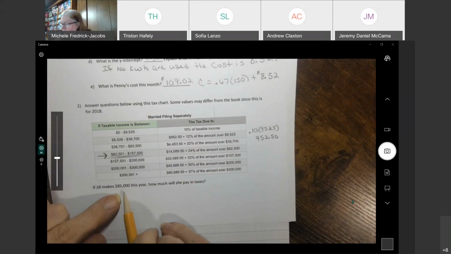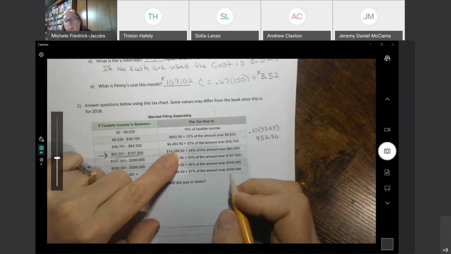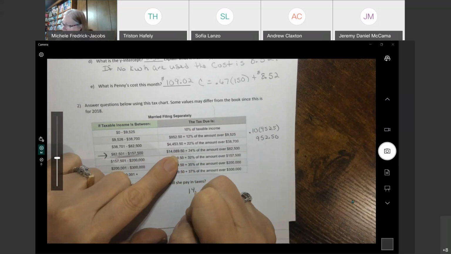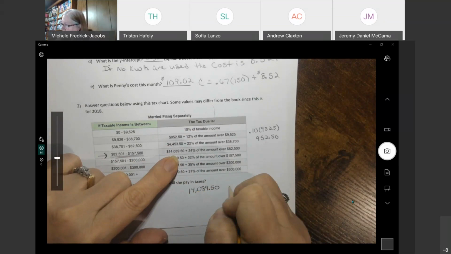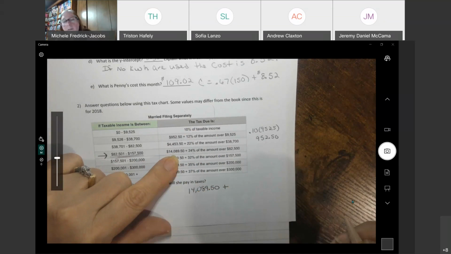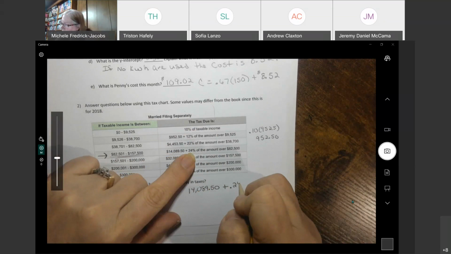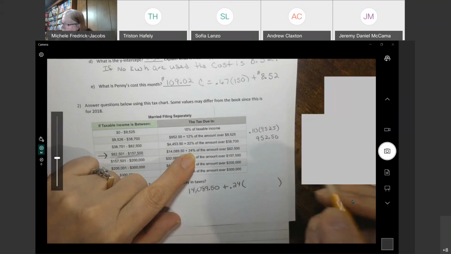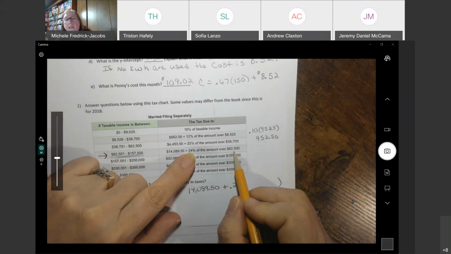So 85,000 is in this bracket. That means I have to pay $14,089.50 plus 24% of, means multiply, the amount over 82,500.